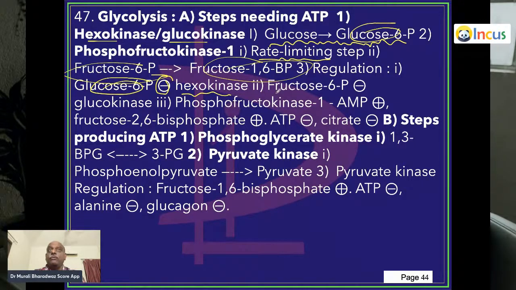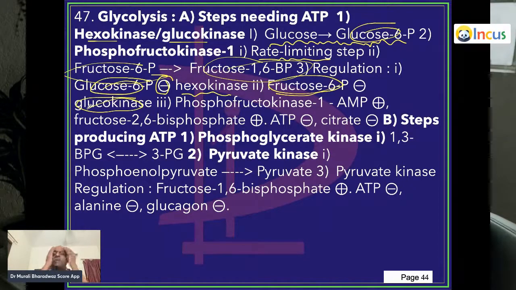Similarly, fructose 6-phosphate has a negative effect on glucokinase. So there are two things, hexokinase and glucokinase, both of them do the same reaction, glucose to glucose 6-phosphate, but it is the glucose 6-phosphate which has a negative effect on hexokinase, but fructose 6-phosphate has a negative effect on glucokinase. This is the fine point you need to catch.